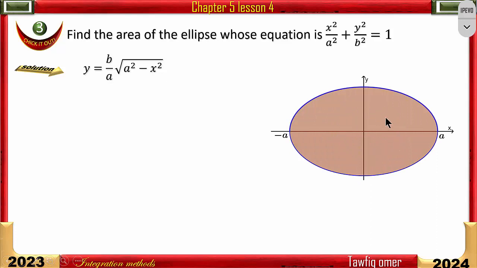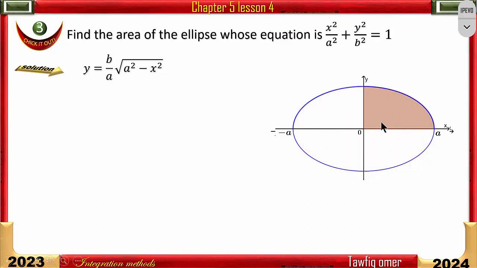To find this area, we are taking only the first quarter from 0 to a and multiplying it by 4, because all of these parts are equal. So the area of the ellipse, all of it, is equal to 4 times b over a, because b over a is a constant, integration from 0 to a of the square root of a squared minus x squared dx.